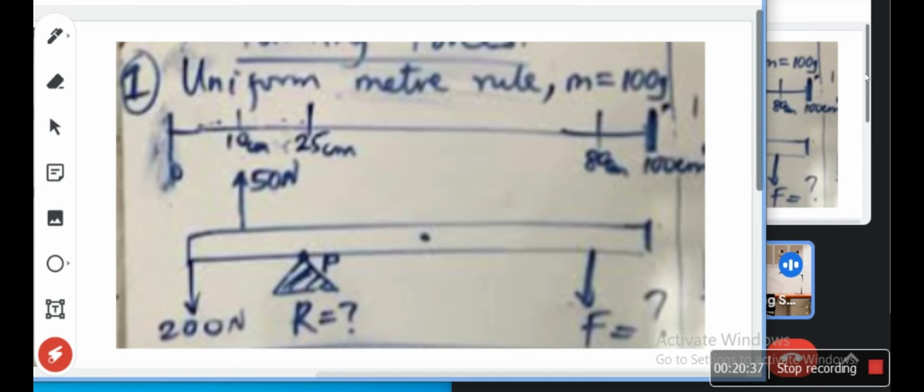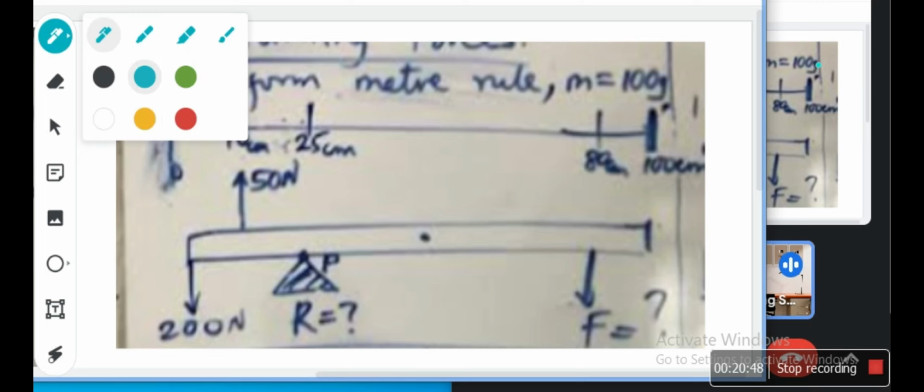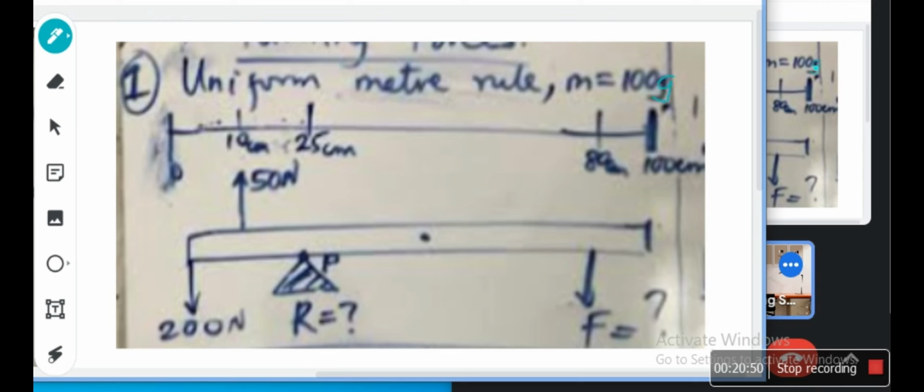This is a uniform meter and it has a mass of 100 grams. I hope you can see the diagram. If you're not seeing it clearly here, you can look at it on the Jamboard. I'm on page 2 of 9.